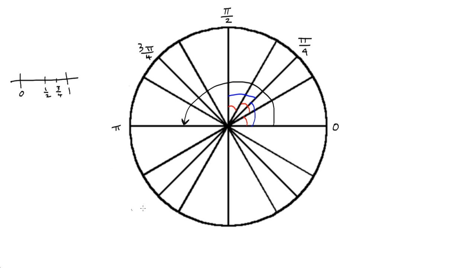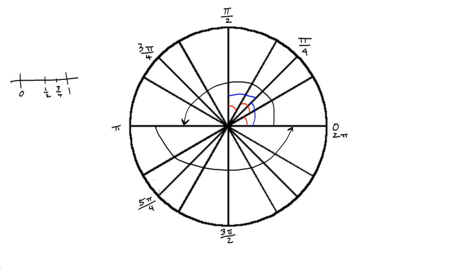4/4. So my next step here would be what? 5/4 pi, wouldn't it? My next one would be 6/4 pi, but 6/4 reduces to 3/2, doesn't it? And that should make sense, I hope, because when we go from 1 pi and continue around the circle counterclockwise and end up at 2 pi, halfway between 1 pi and 2 pi is 1/2 pi more, which is 3/2.